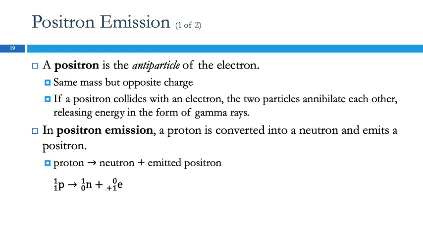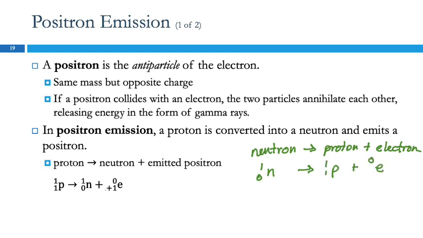So in beta decay, we were looking at a neutron turning into a proton plus an electron. And this is the antiparticle, and it's just kind of opposite. You see that? So here we've got a proton changing into a neutron and emitting this positron.